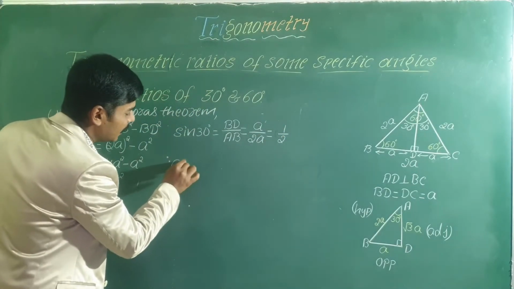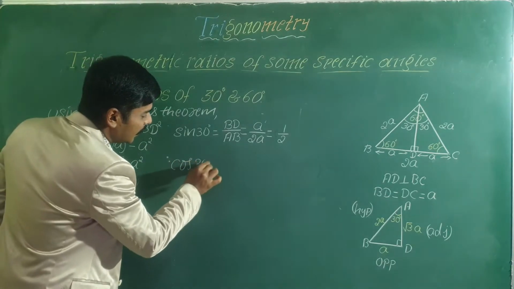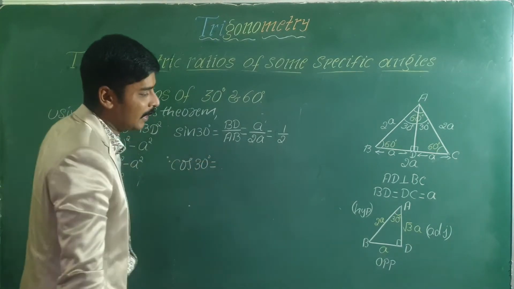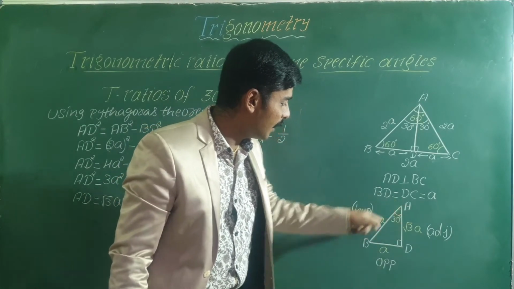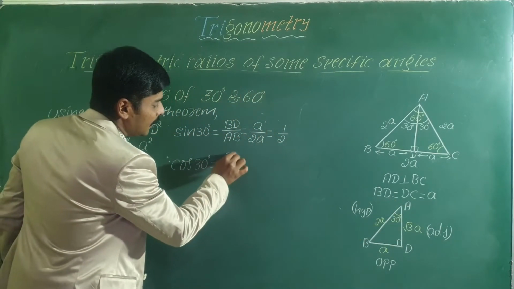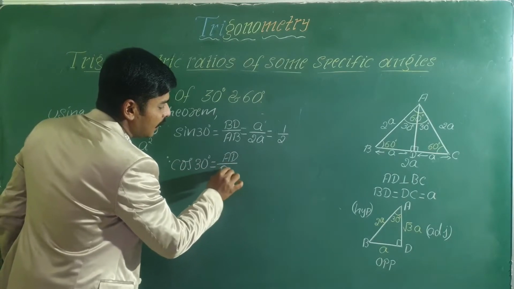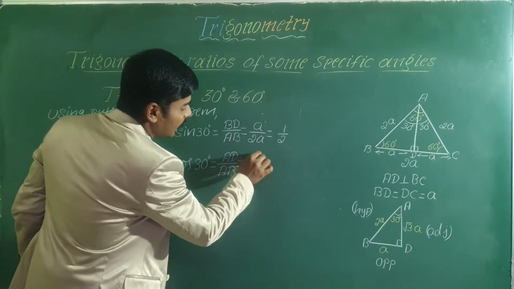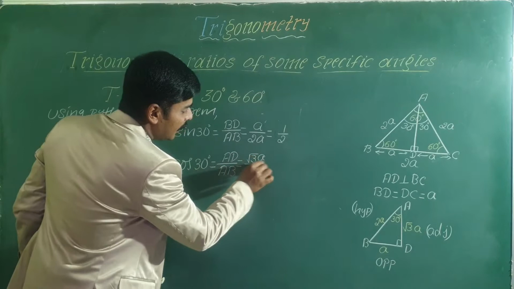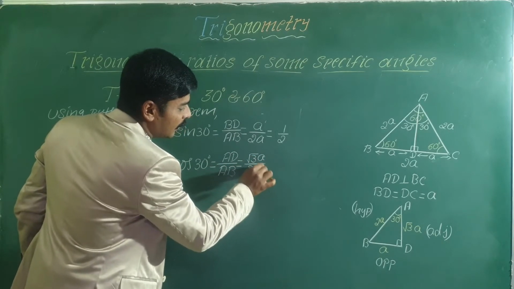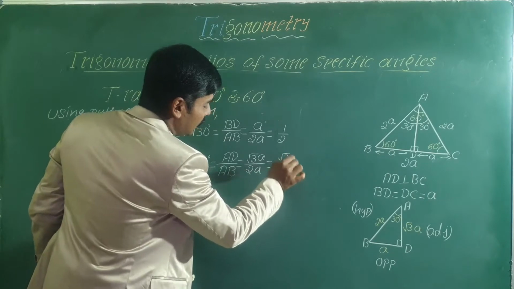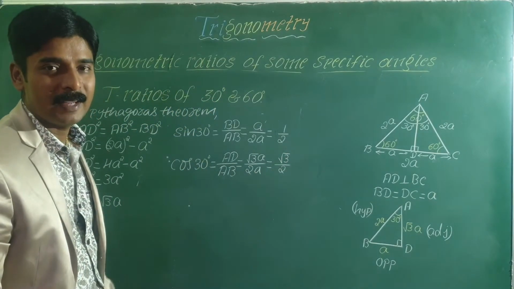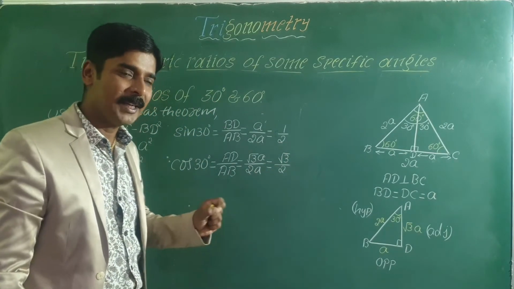Similarly, let us write for cos 30°. Cos is adjacent side by hypotenuse, AD by AB. AD is equal to root 3a and AB is 2a. So the a's get cancelled, remaining is root 3 by 2. So the value of cos 30 is root 3 by 2.